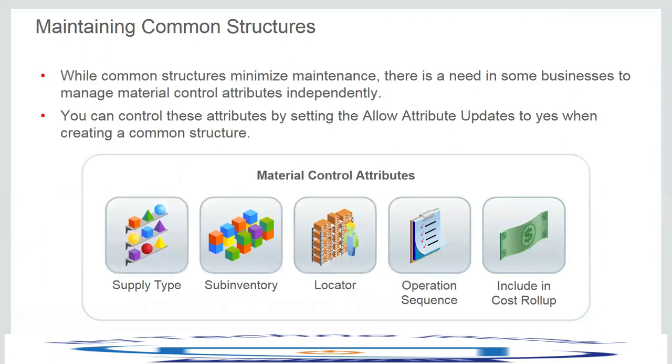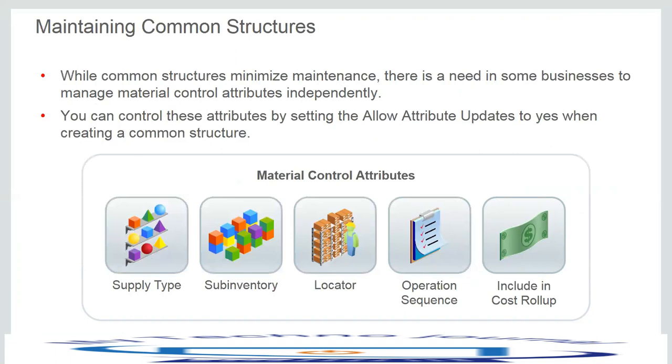You can enable this option only when you are creating a common structure. So you cannot enable this option once the common structure has been created. So we need to evaluate the business need thoroughly before creating a common structure.